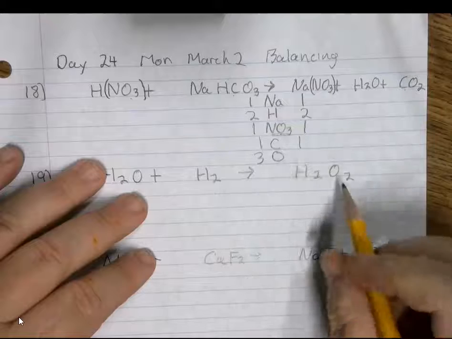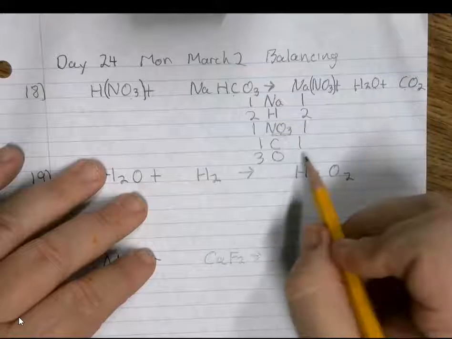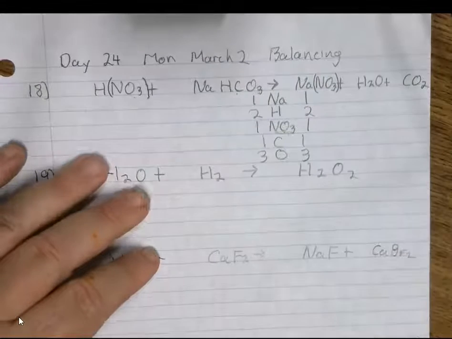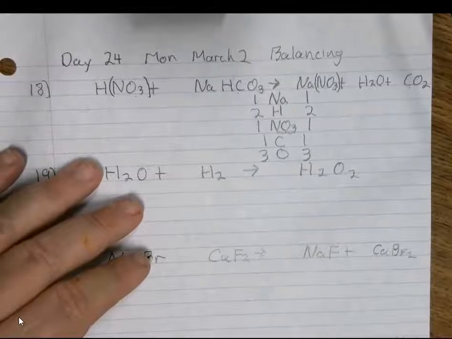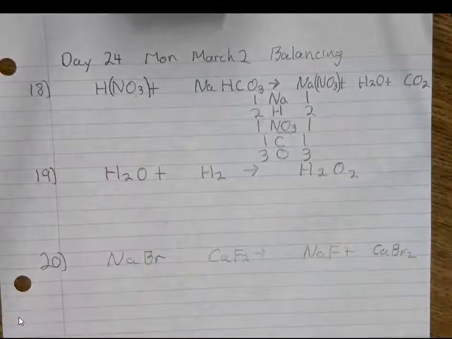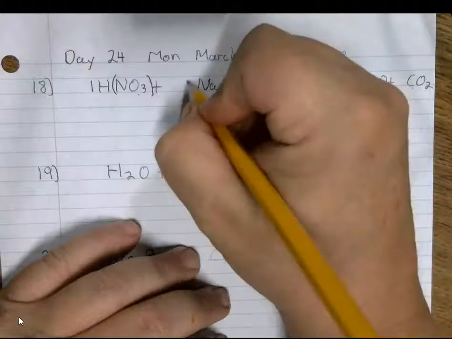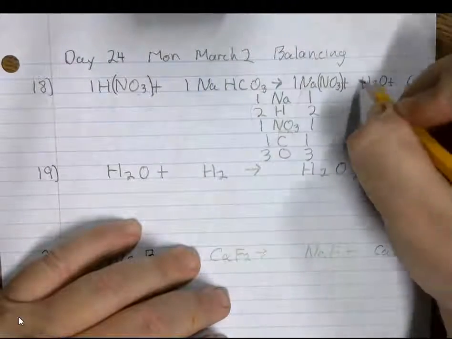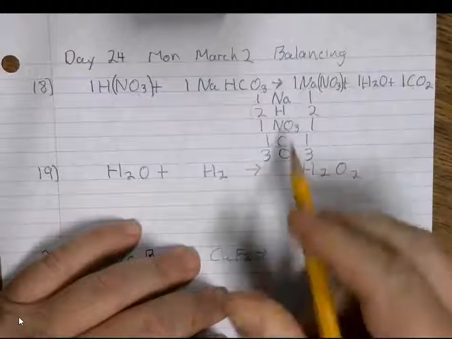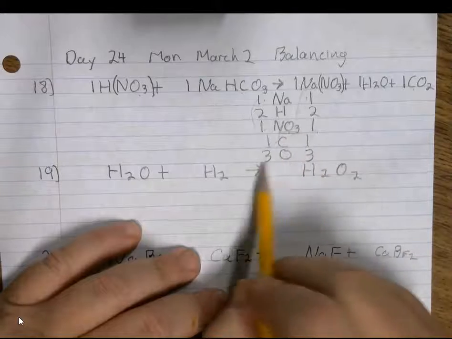So that's 3. And I have 1, 2, 3 here. So if I look at this, everything's in balance already. Although this looked like it was going to be really hard, it turned out to not be really hard. Every coefficient is a 1 because everything's already in balance right there.